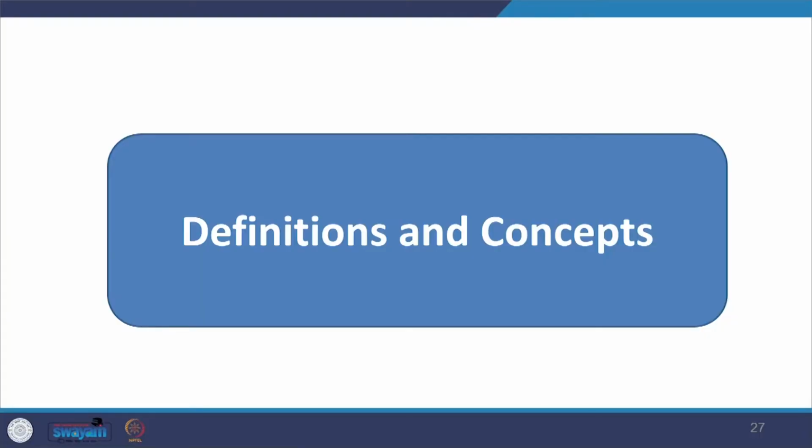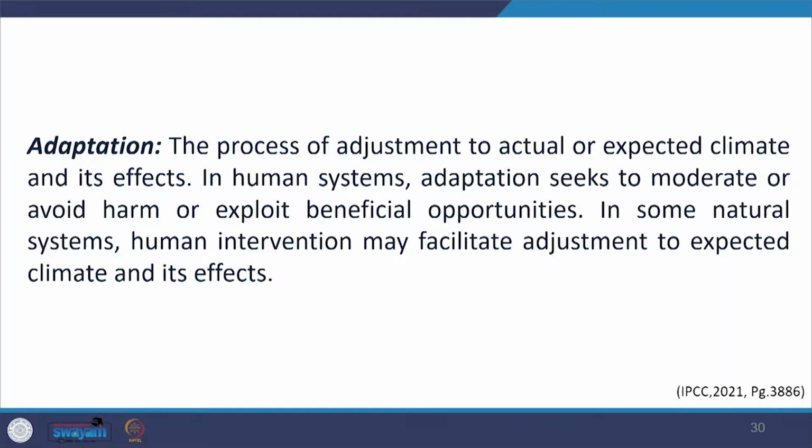Now let us look at a few definitions and concepts before we get into the climate change assessment part. We may note that in climate change reference, mitigation is slightly different, and we are going to follow the IPCC report definitions here. Adaptation means the process of adjustment to actual or expected climate or its effects.